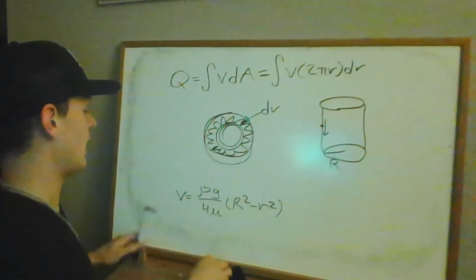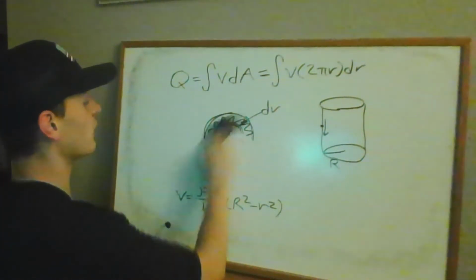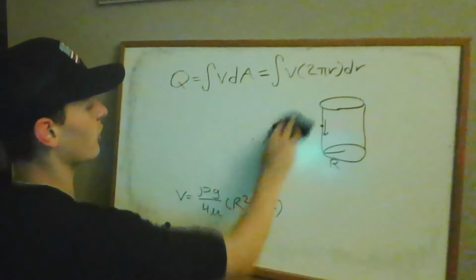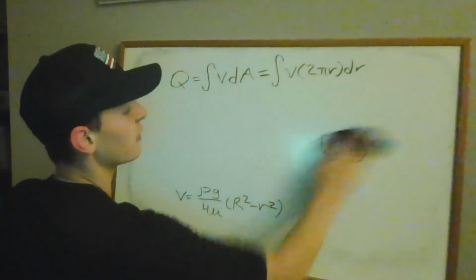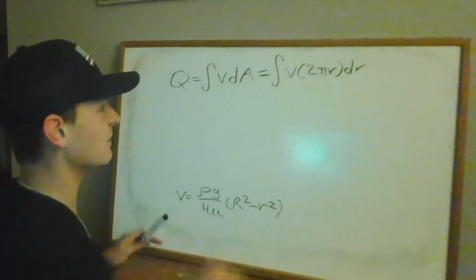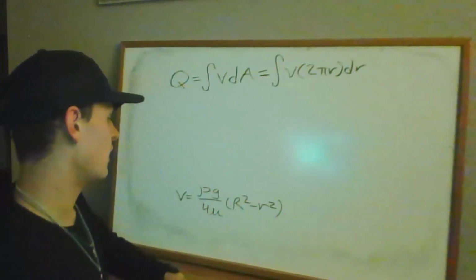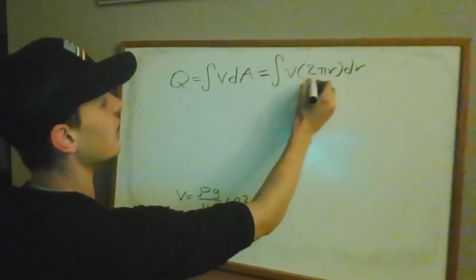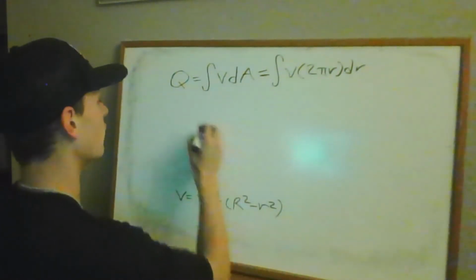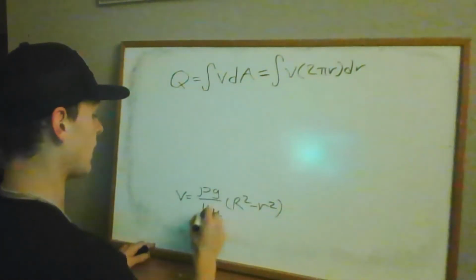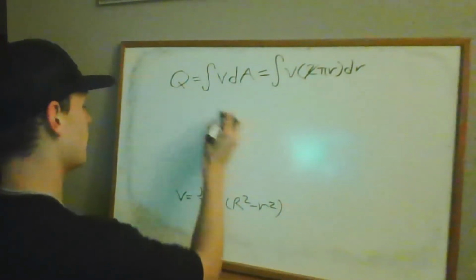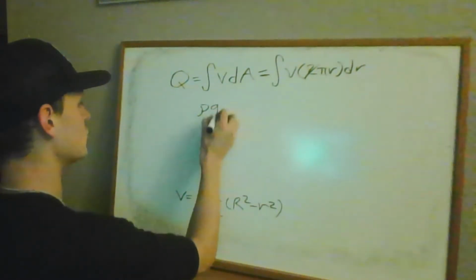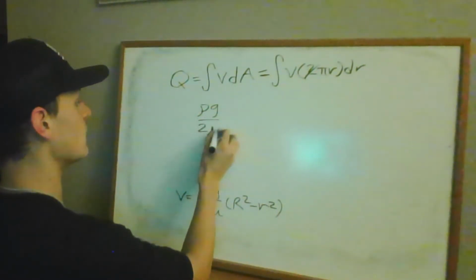Now this is good because we already have an expression for the velocity as a function of radial position. So we just need to plug that in, and let's see what happens. What's nice is we can move the 2 pi out of the integral. This cancels with the 4, so we get rho g over 2 mu.